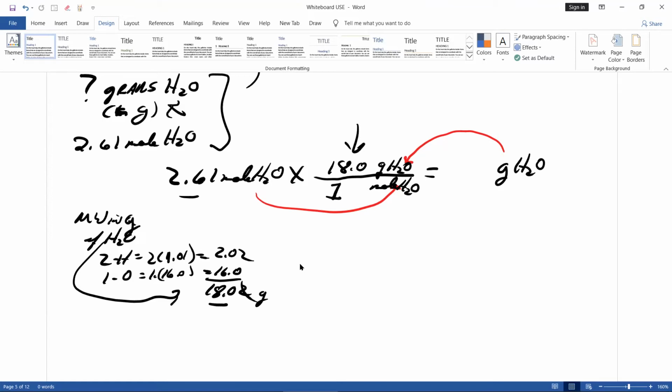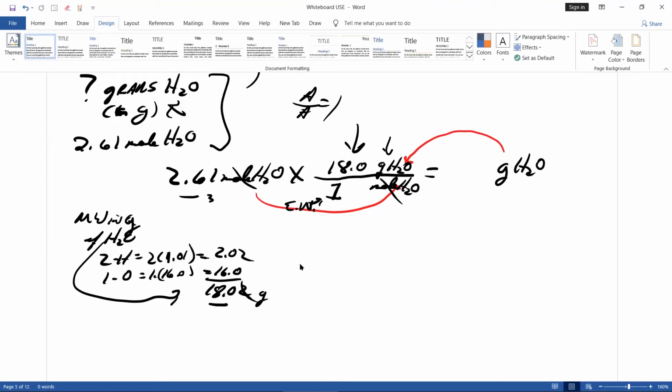And that's where you get this ratio. And now moles of water divided by moles of water cancel out, because anything divided by itself equals the number 1, meaning it's gone. I'm left with the correct units I want.